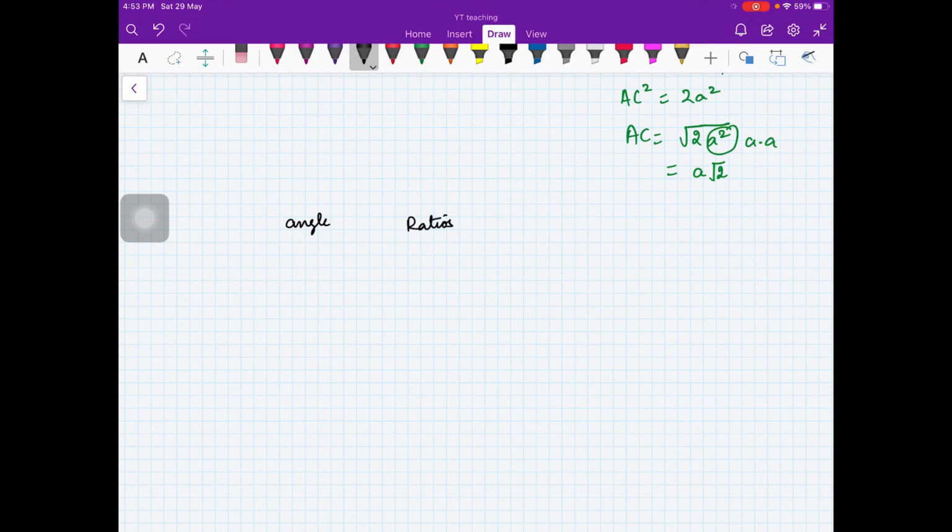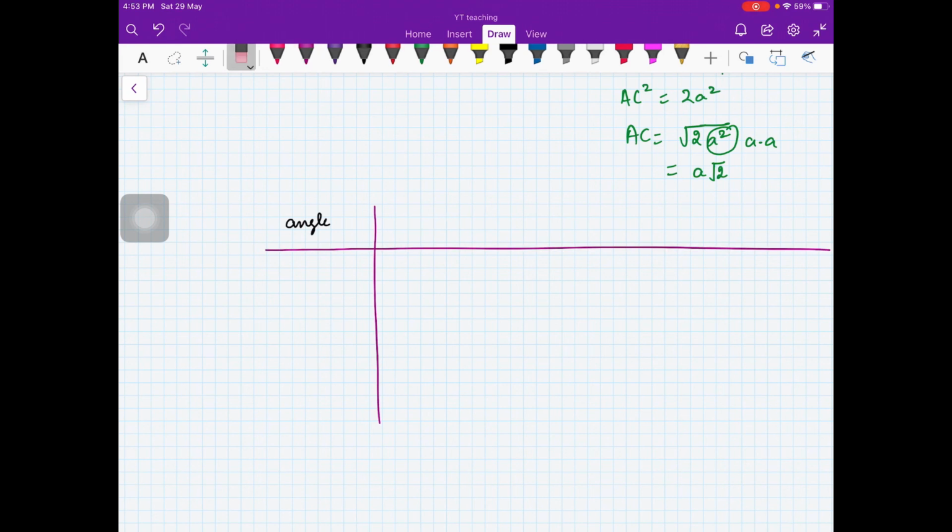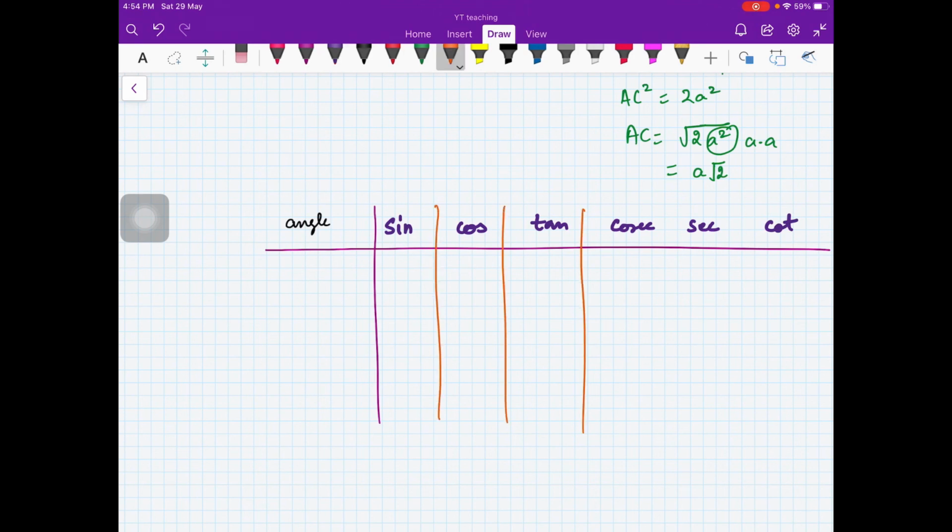Angle is 45 degrees, because right now I have only one angle. So later on we will complete this. Here are my sine, cos, tan, cosecant, secant, cot. We will fill it in the next videos.